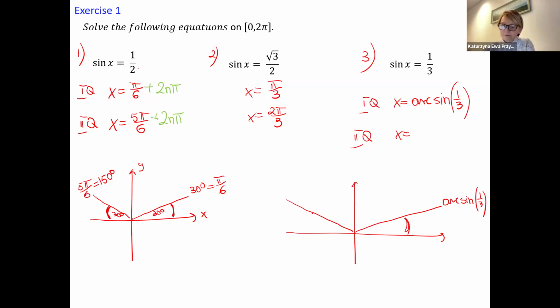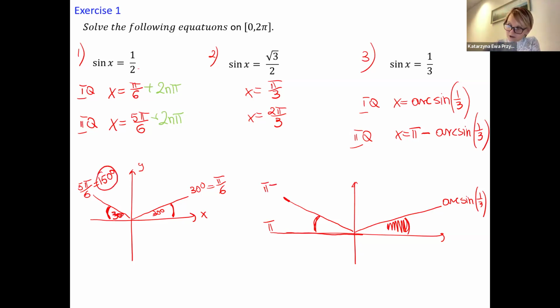That means we can see we will subtract from pi, from 180. We have to get back. We have to remove the same distance. That means we will subtract from pi that amount, the arc sine of 1/3. Please always think where we are. This angle will be pi, it's the same as this one.